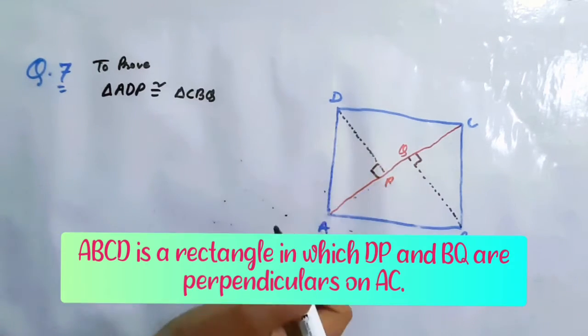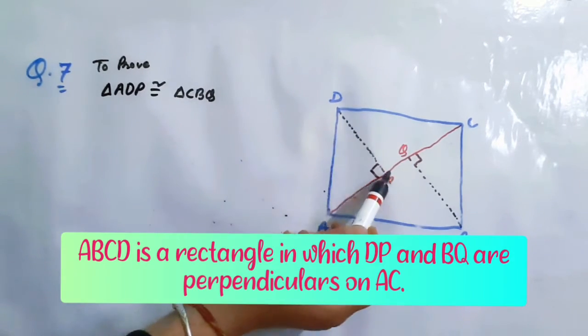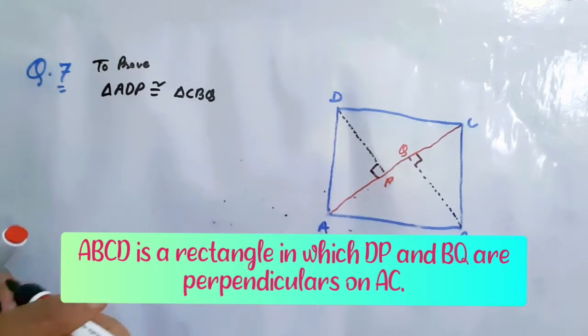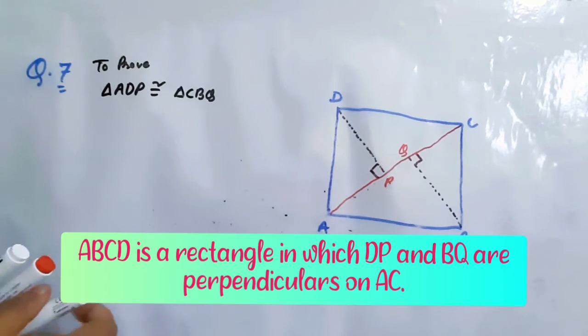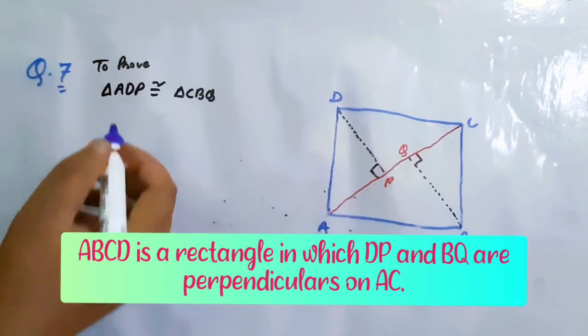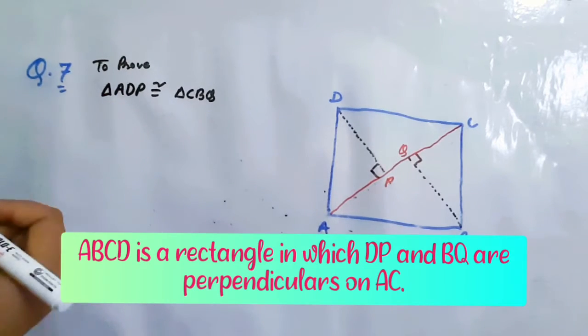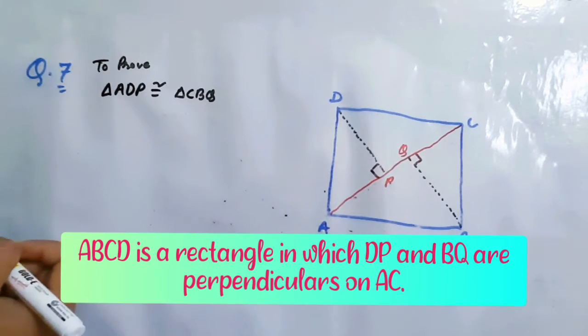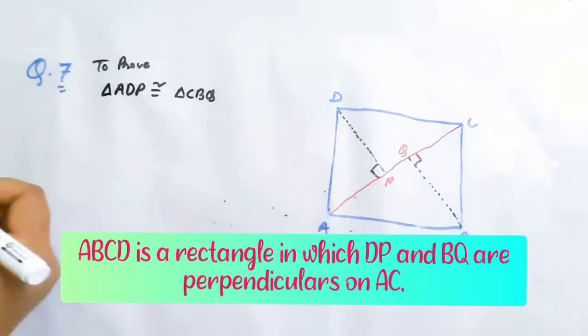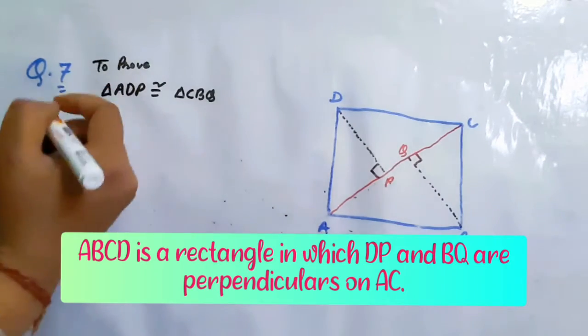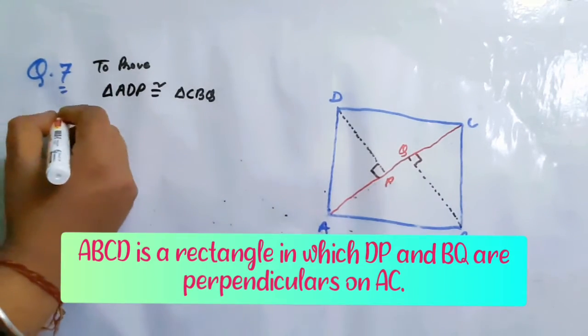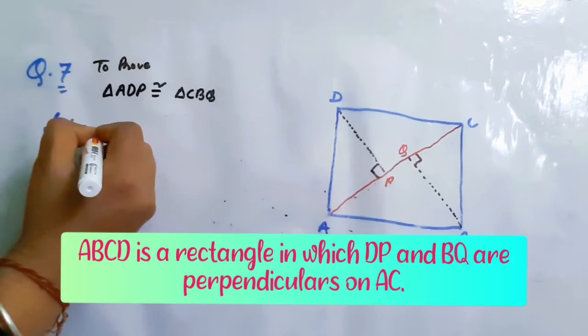ABCD is a rectangle and DP and BQ are perpendiculars. Now to prove them congruent, first of all we have to see for the three equal parts. What will be these equal parts? So let us see in the solution.